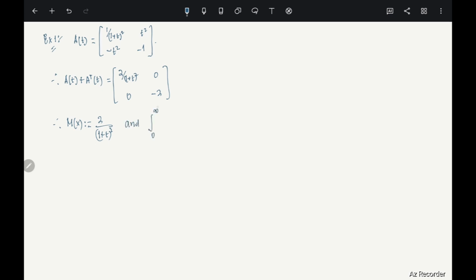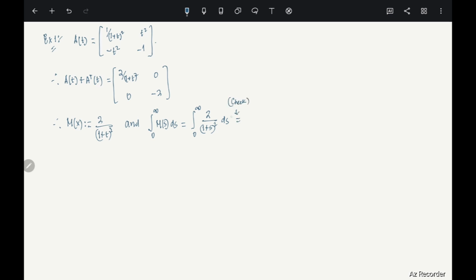And the integral from 0 to infinity of m(s) ds, what happens to that? It is the integral from 0 to infinity of 2/(1+s^2) ds. Now you can calculate this, and please do this part, you have to check it yourself. It's very easy.